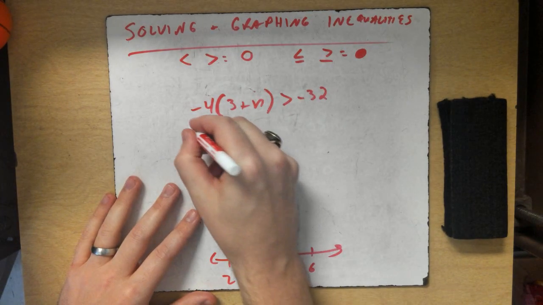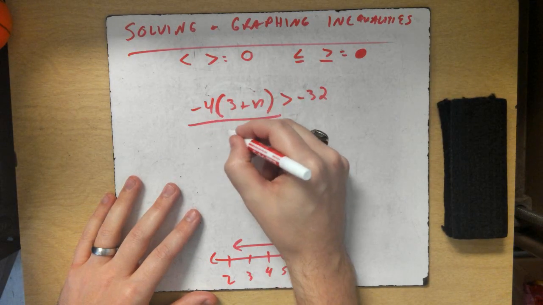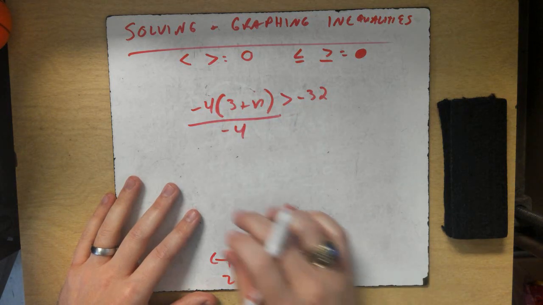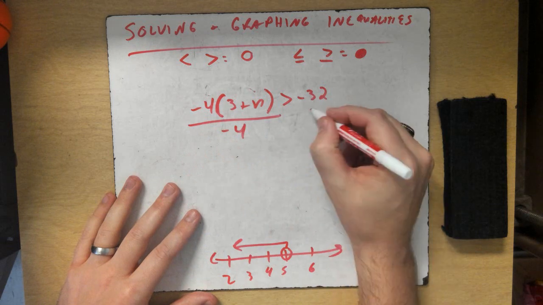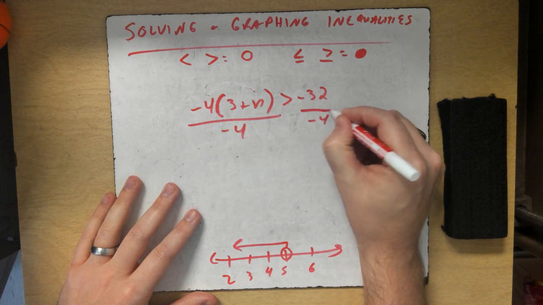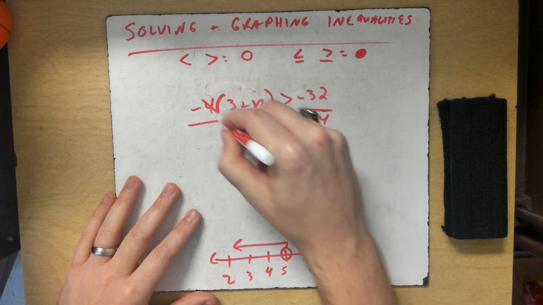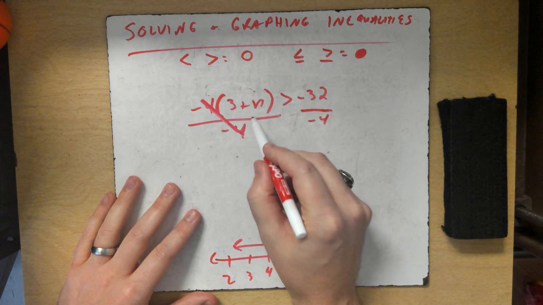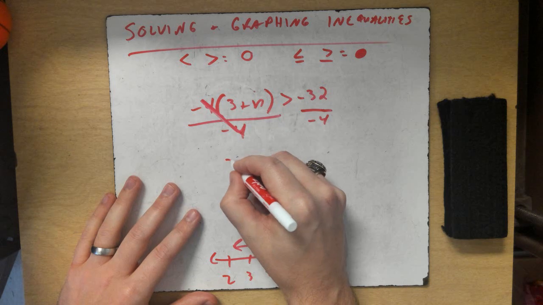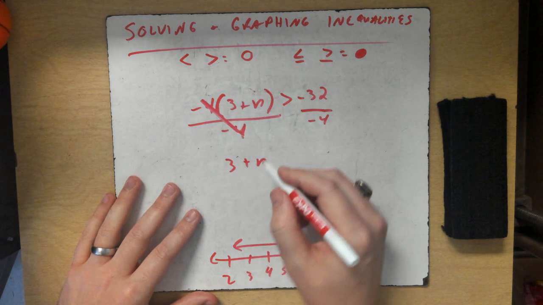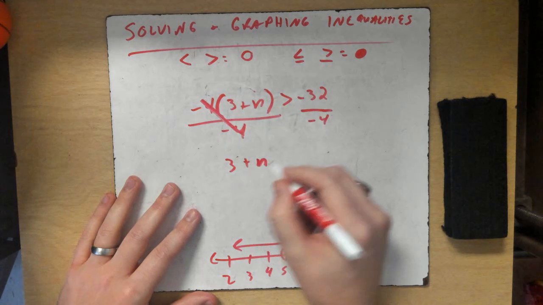We can just divide this whole thing by our negative 4 here, right? So we divide by negative 4 here, and divide by negative 4 here. Now when we do this, this negative 4 on top goes away. They cancel out, and we're left with what's in the parentheses. We can rewrite that without parentheses because there's nothing on the outside anymore, so we just keep what's inside here.